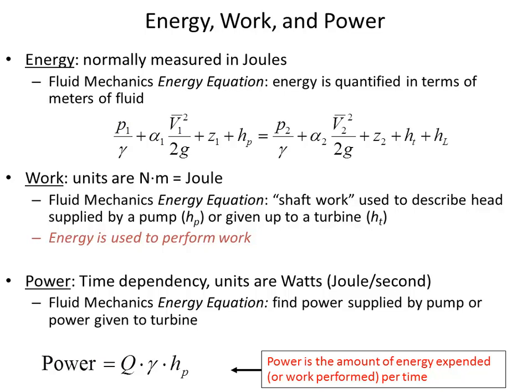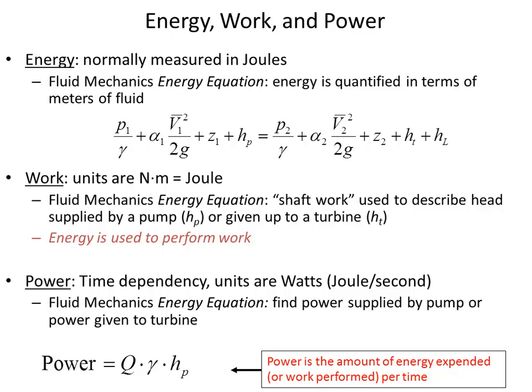If we have meters of energy in the energy equation, then a pump does work to add additional energy to the system, or a turbine takes work from the system. And usually, the way we use these words, energy is used to perform work, even though they have the same units. And then power is where we add a time dependency.